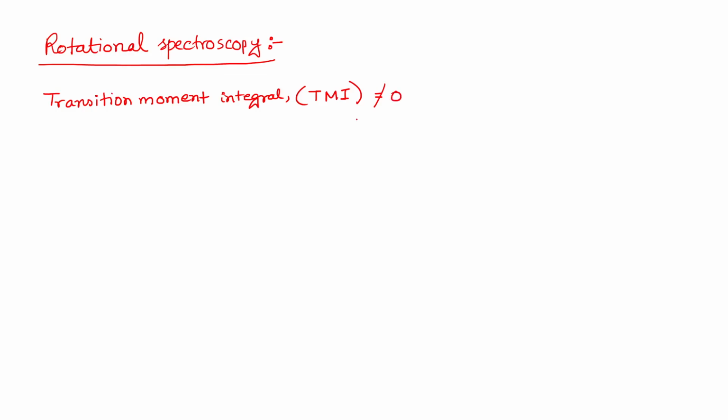That is the integral from minus infinity to plus infinity of the final state, the dipole moment, let me write mu zero, and the initial state, d tau, where d tau is the volume element. It should be non-zero for a transition to be an allowed transition.